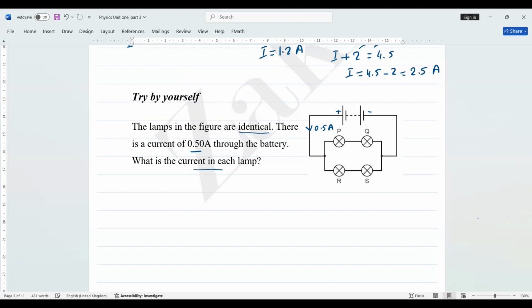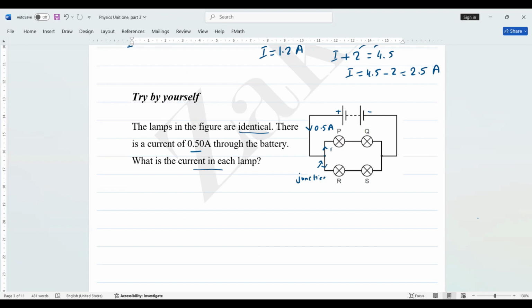Now this is a junction. You can see this is a junction. So at this junction, the current will be split into what? Because the lamps are identical, in each branch the current will be the same. We have two branches.